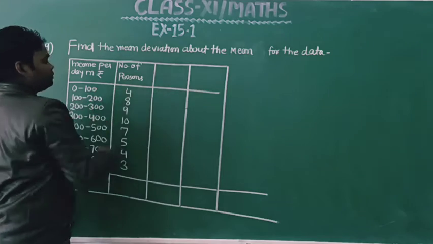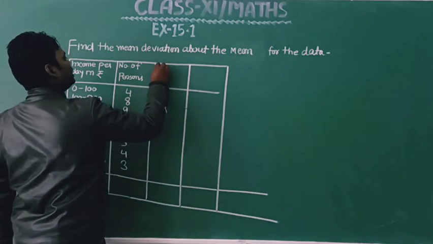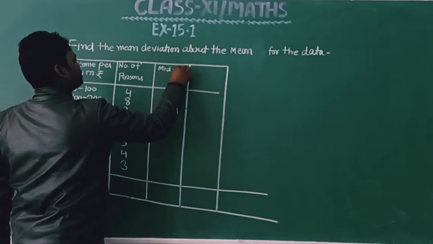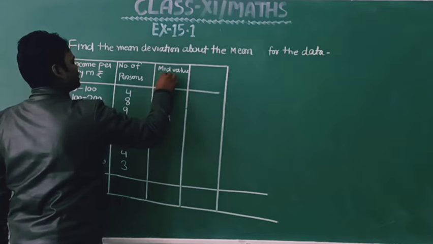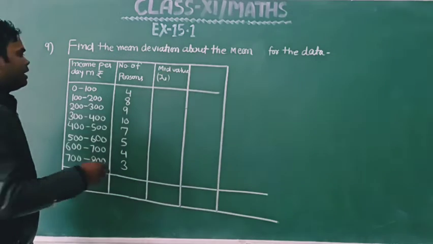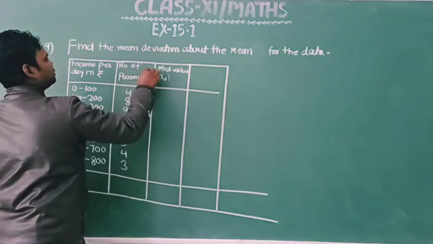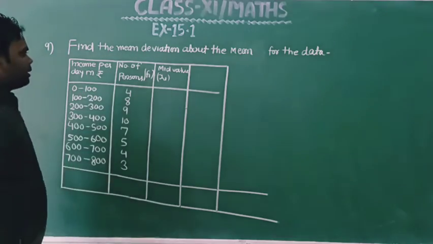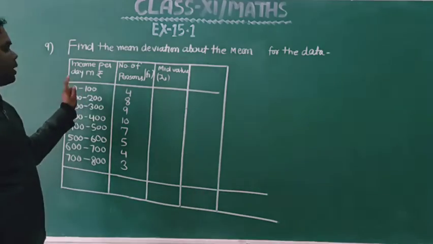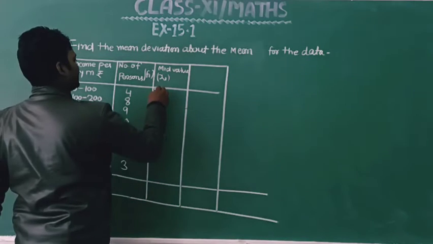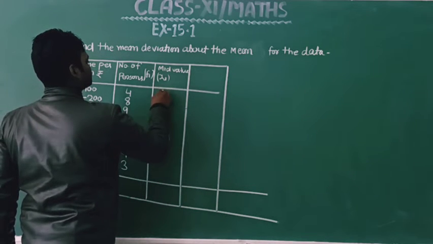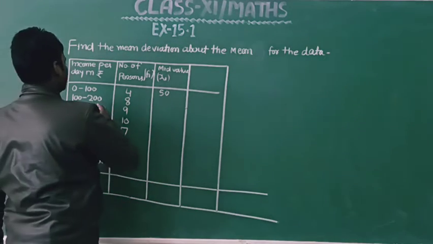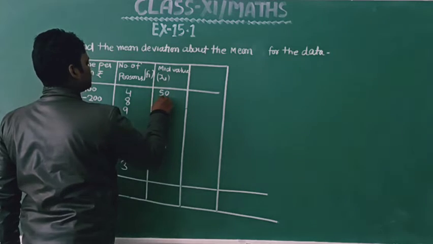First, find the mid value of each class interval. This is called xi, and this is called fi. The mid value is calculated as lower limit plus upper limit divided by 2. So 0 plus 100 divided by 2 equals 50, and next 100 plus 200 divided by 2, that is 300 divided by 2, is 150.